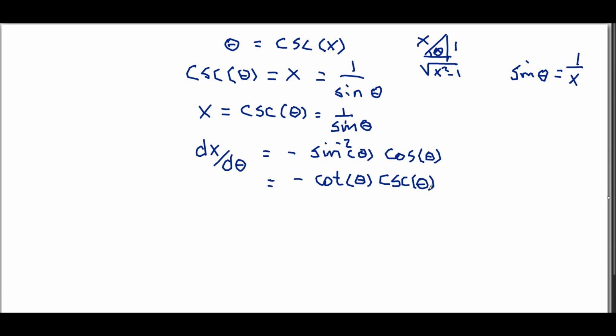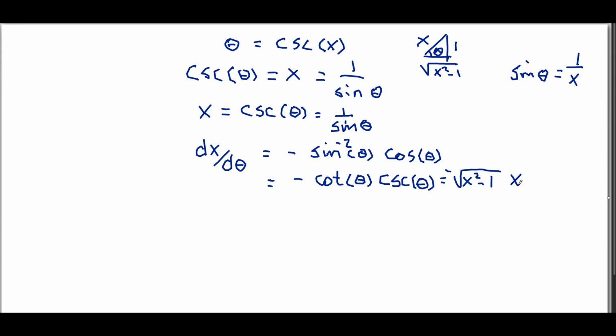And the cotangent of theta is this. We got to put a minus sign there. The square root of x squared minus 1. And cosecant is x.